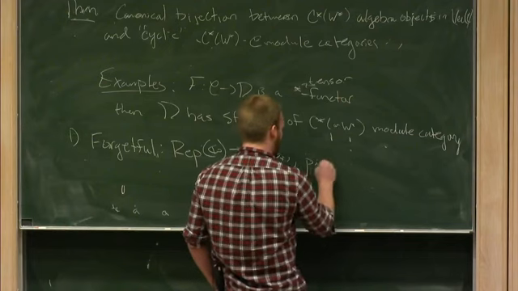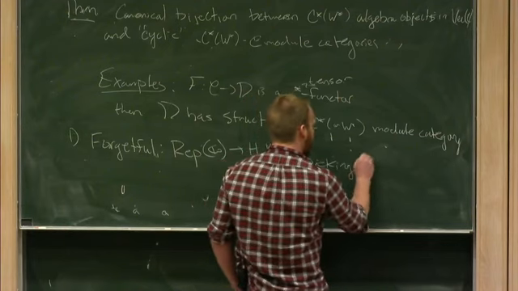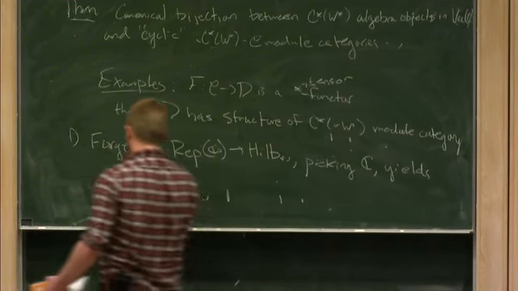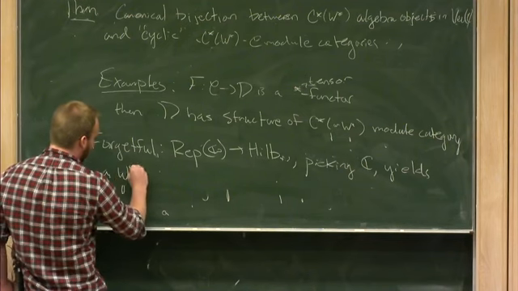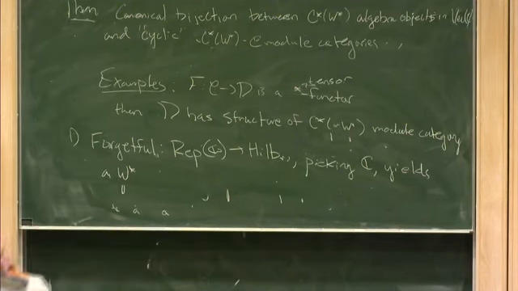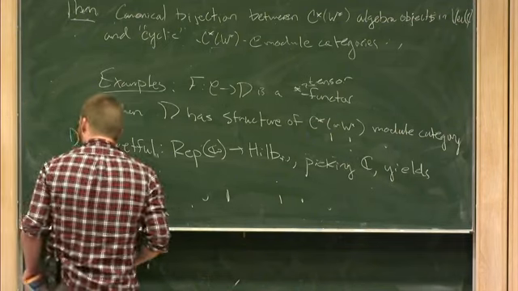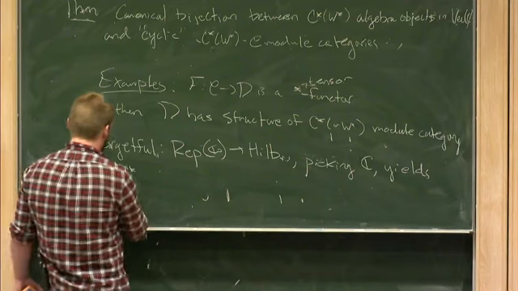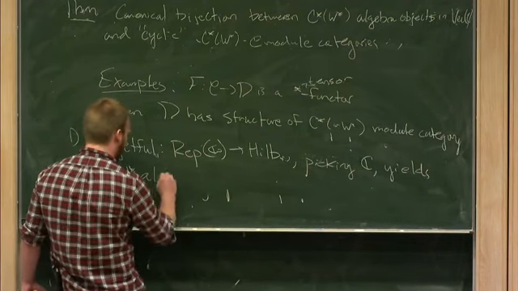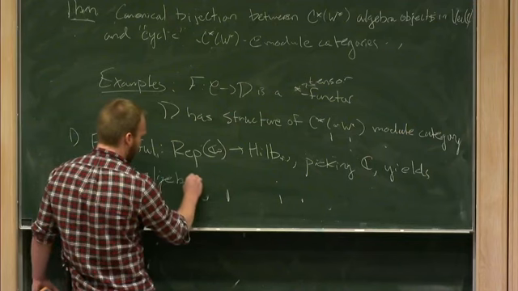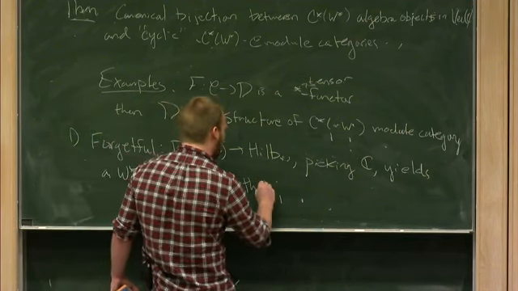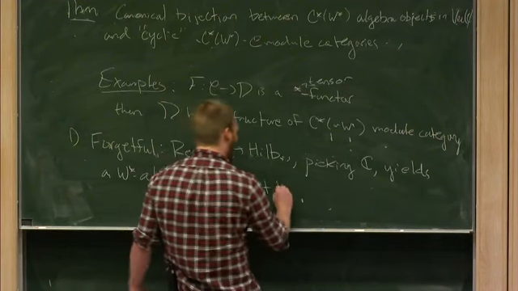Picking C yields something that's actually a W star and C star algebra. It's in this funny world where it's what's called locally finite, and so it's both at the same time, it's equivalent. So a W star algebra in C that behaves like the quantum group polynomial algebra.